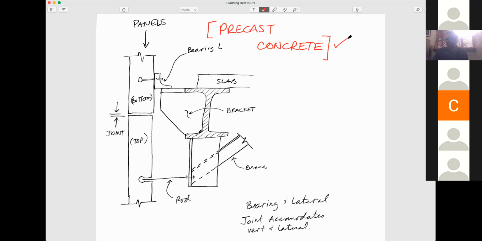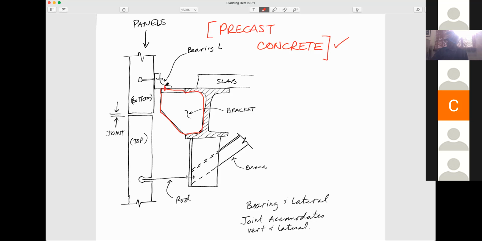Here is a picture, again a detail of how these connection points would look. We've already seen this a little bit with the rod, with the slot. And here would be the I-beam, so I've sort of hashed that. Let me just highlight here, we'd have a bracket, and that bracket would then be welded in.